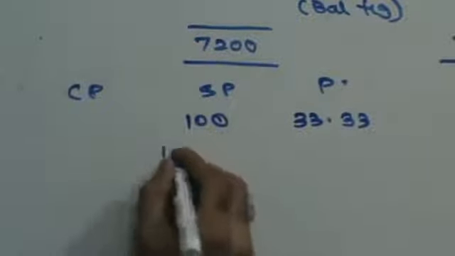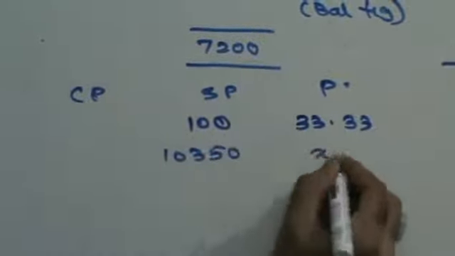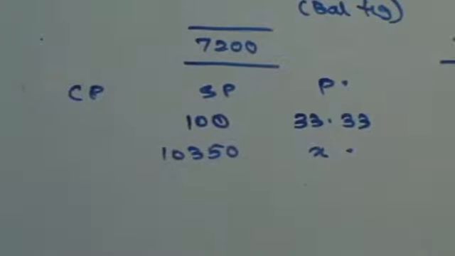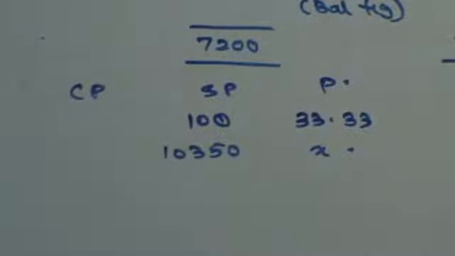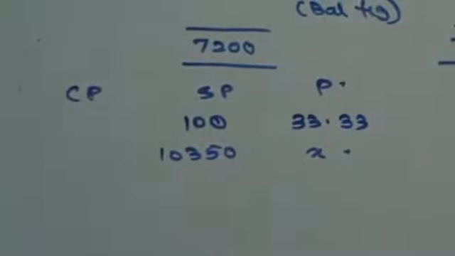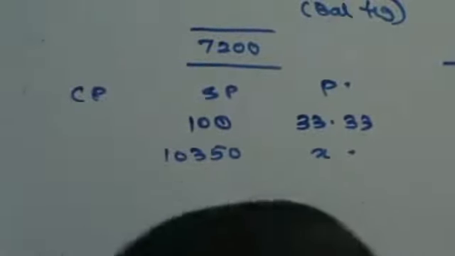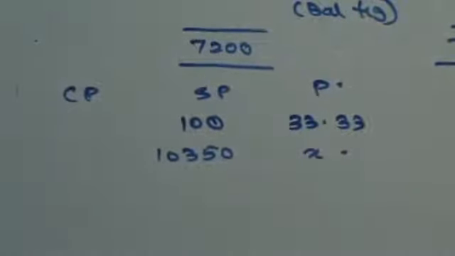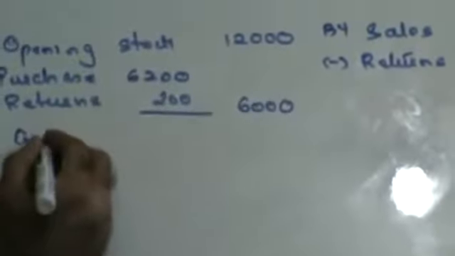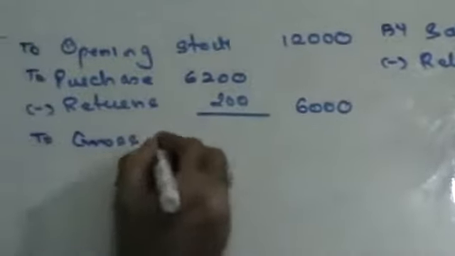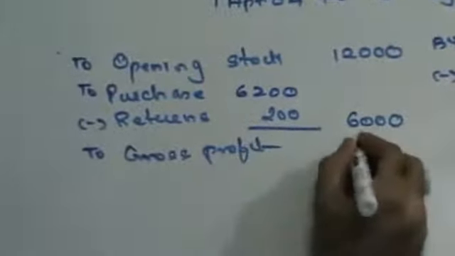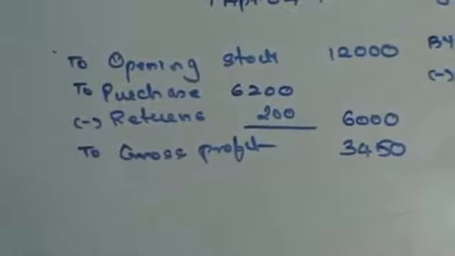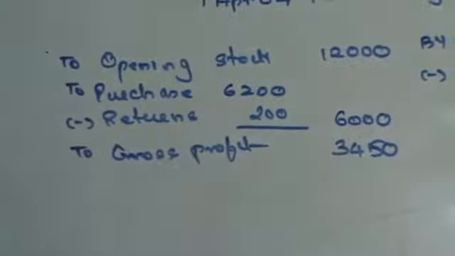Sales you found out is 10,350. So you can find out your profit element now. How will you do that? 10,350 into 33.3333 till the end divided by 100 should give you 3,450 as gross profit. 3,450. Right? Do we get this thing clear?